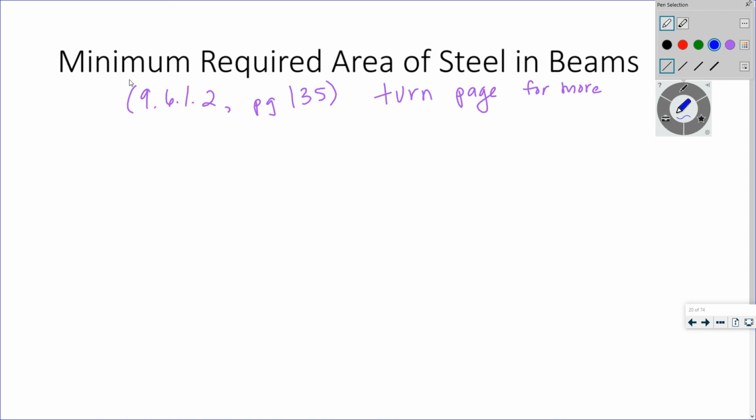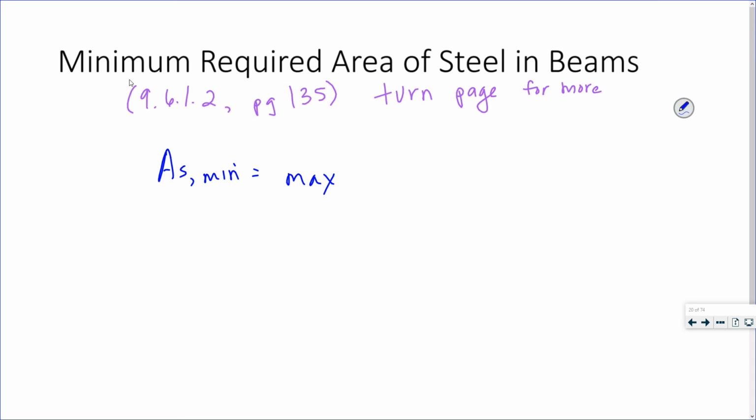Our minimum required area of steel, AS min, should be the larger of A and B, is what it says. AS min shall be the larger of A and B, unless there's something else going on.